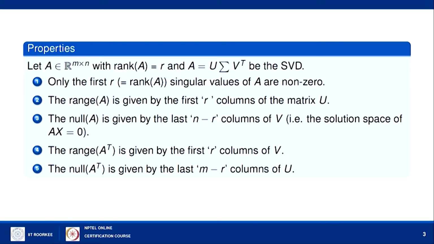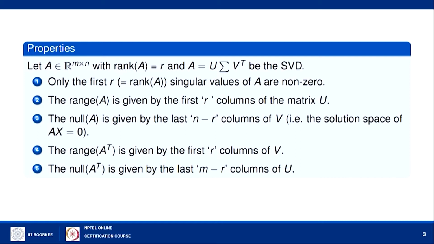So, the rank of a matrix equals the number of non-zero singular values. The range space of A is given by the first r columns of the matrix U. As you know, A is an m by n matrix, so it is a linear transformation from R^n to R^m.